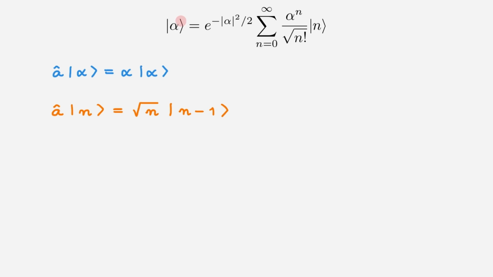This coherent state up here is a superposition over all possible energy eigenstates, so essentially a superposition over an infinite number of energy eigenstates.